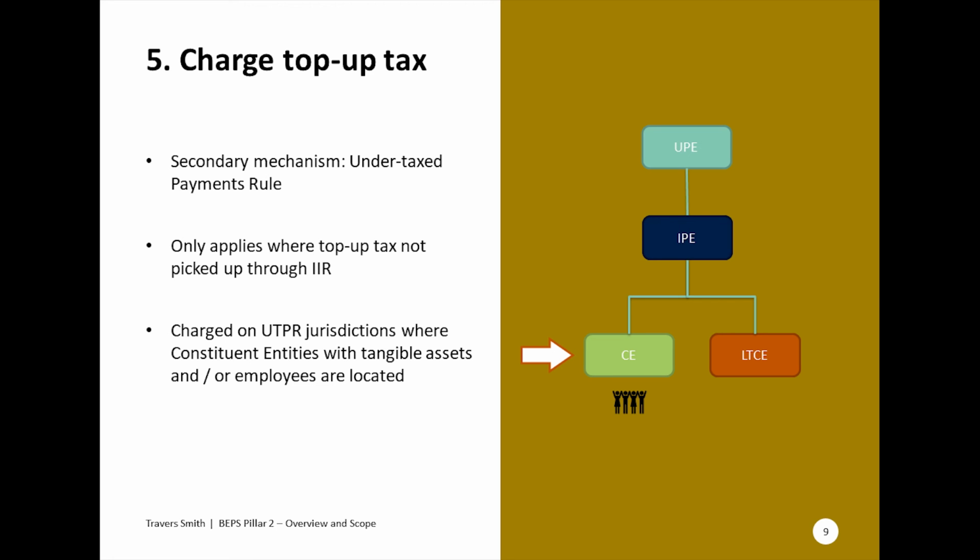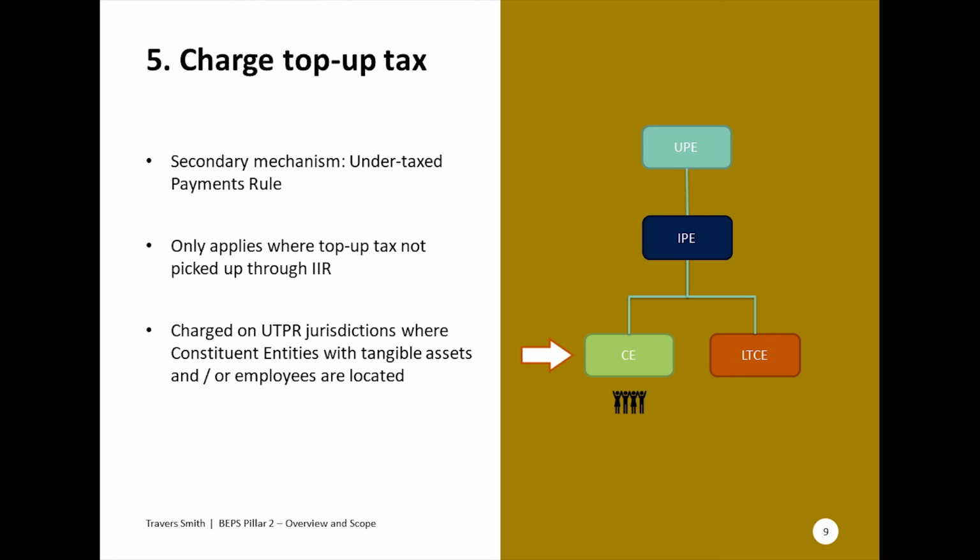All that entity needs to have is tangible assets and or employees. Note that you might actually be charging entities in low tax jurisdictions with top-up tax under this rule, provided that the jurisdiction has implemented the UTPR rule and it has either employees or tangible assets.